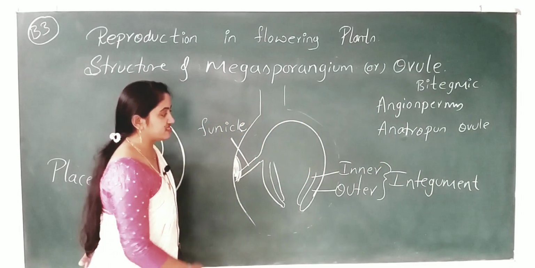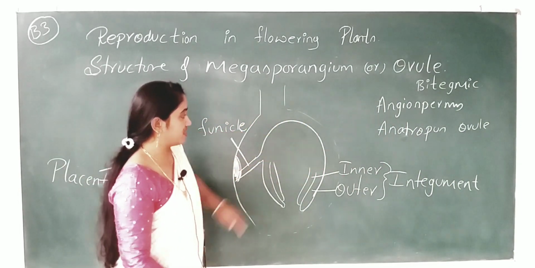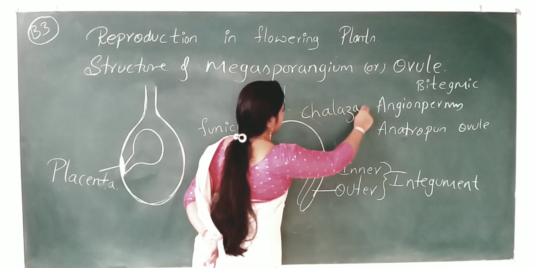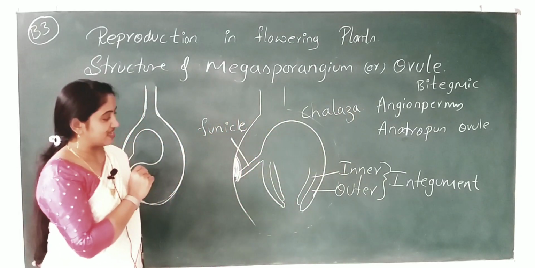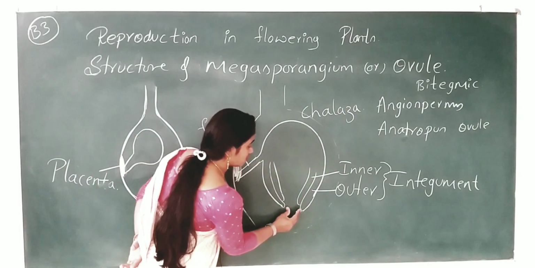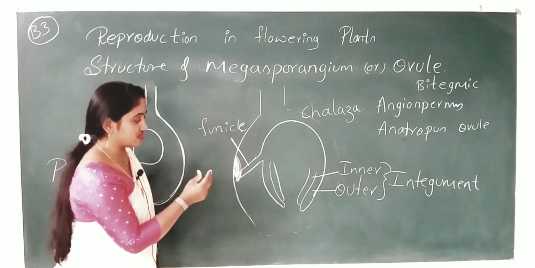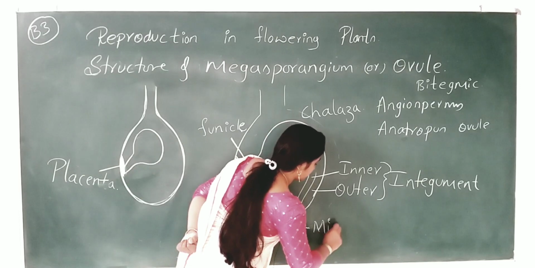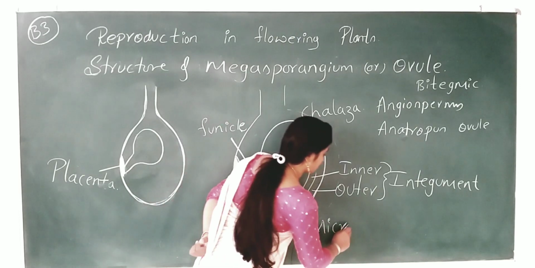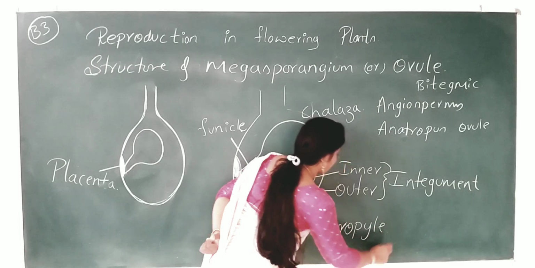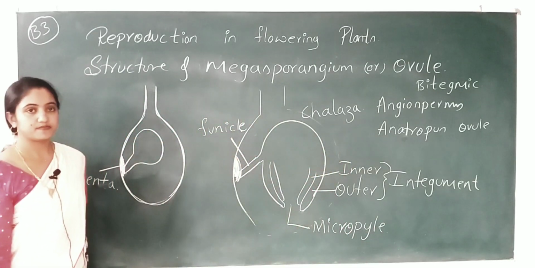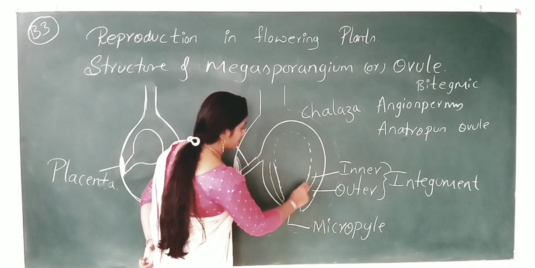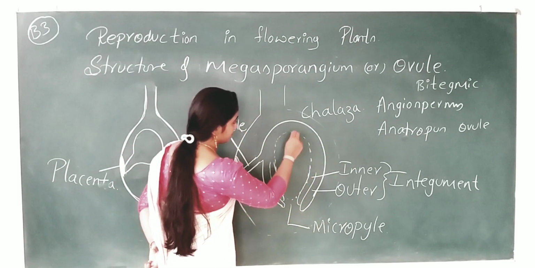The point of origin of the integuments is known as the chalaza. And here a small aperture, a small opening, is present. This side is known as the micropyle. Now the inside is filled by a mass of cells.